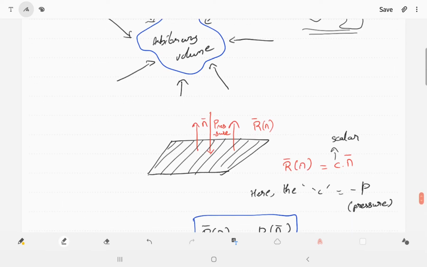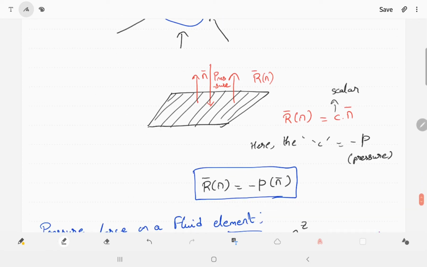So generally for static fluid, we say that the forces will act only normally to the surface. So here r bar n is the normal force acting upon the object. But generally we can say that for any fluid, pressure also acts.